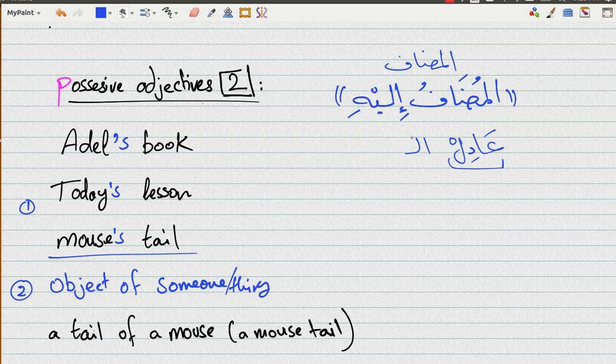Usually if you're talking about a specific thing, like a specific book, and that's for us when you're using apostrophe, you're talking about Adil's book, it's a specific book, so you have to add al.